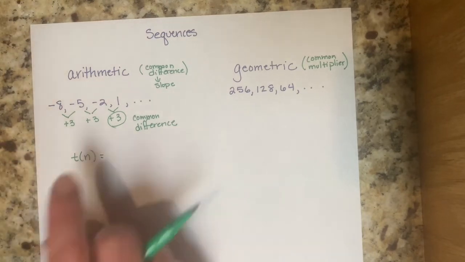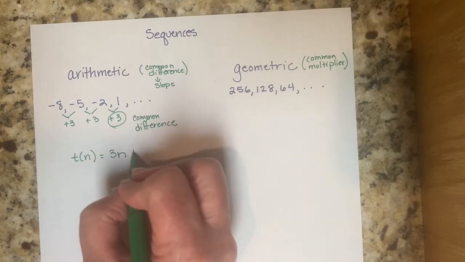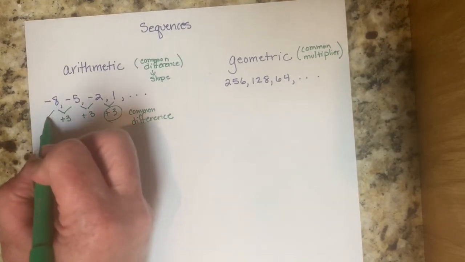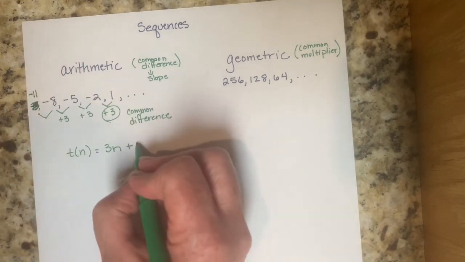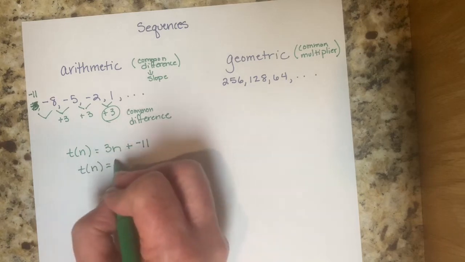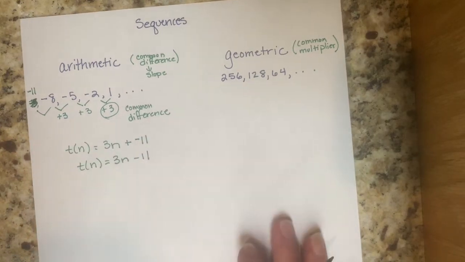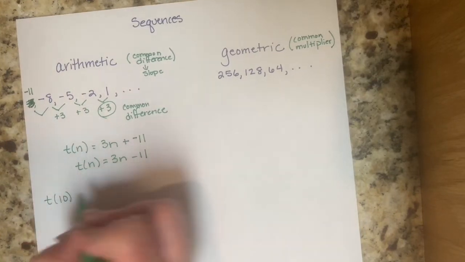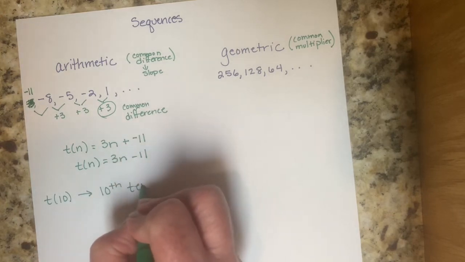So t of n is going to be that common difference times n plus term 0. Well, term 0 in this case would be back here and it is -11. So we're going to put plus -11, or t of n equals 3n minus 11. Remember, if I'm asking you for the 10th term, when I say t of 10, that means I want the 10th term.